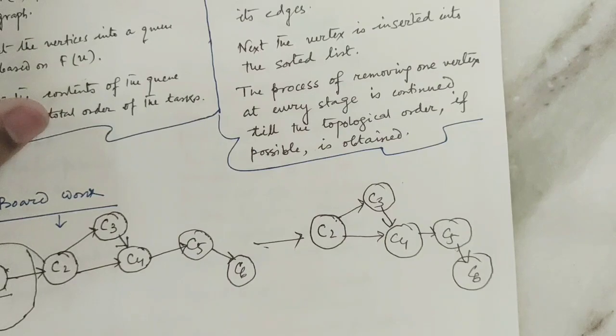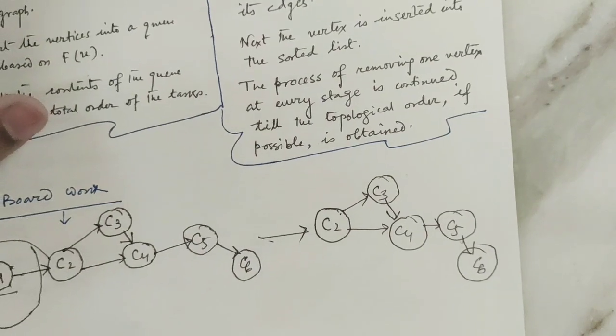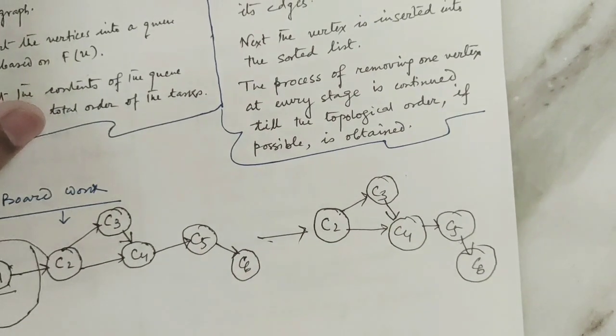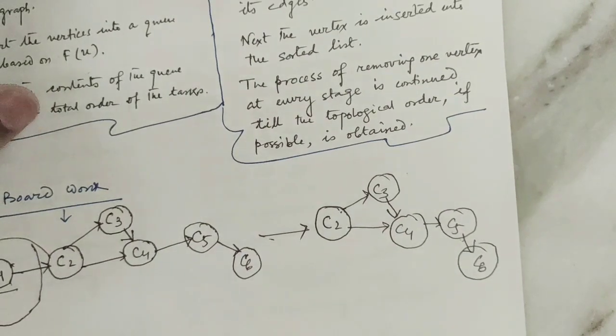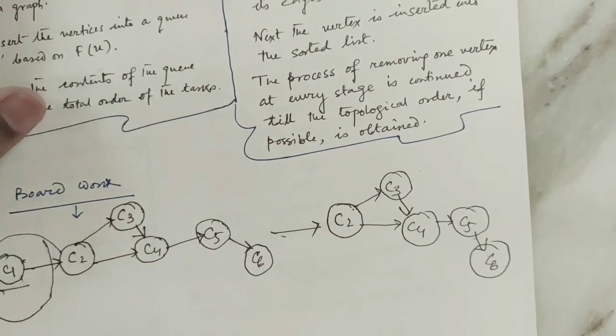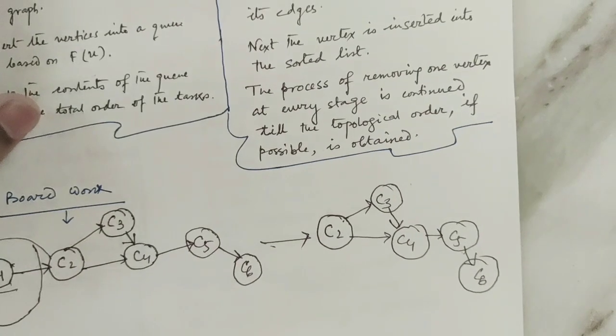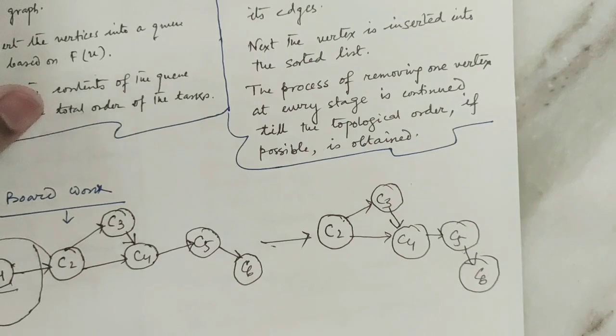And the process of removing one vertex at every stage is continued till the topological order, if possible, is obtained. So after the removal of C1 along with its edges, we can say that C1 is inserted into the sorted list.